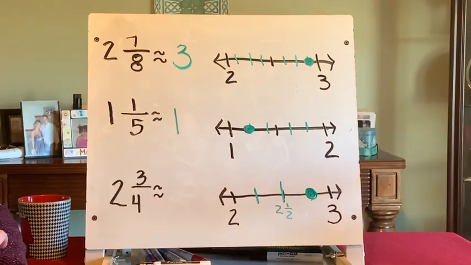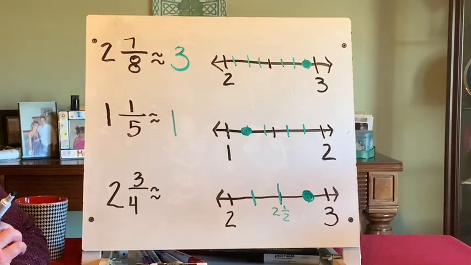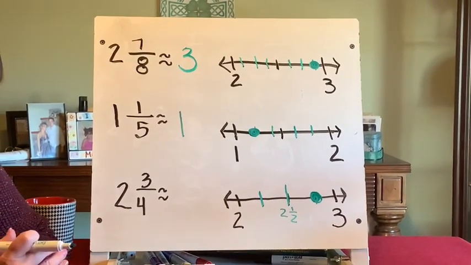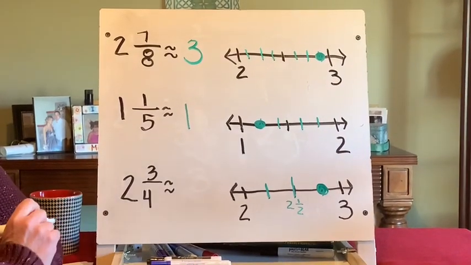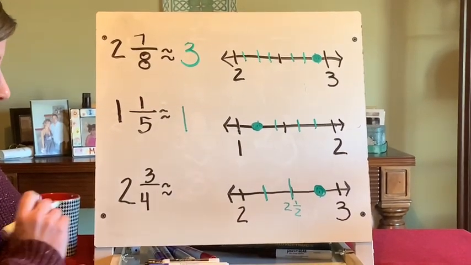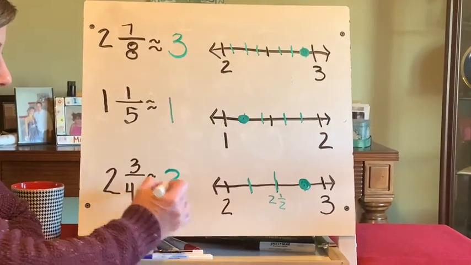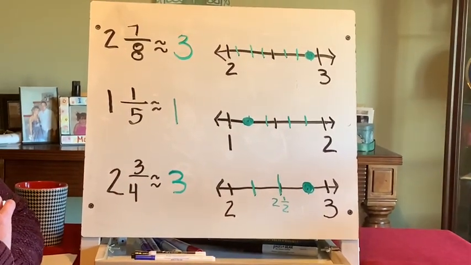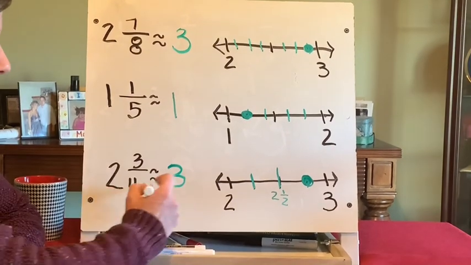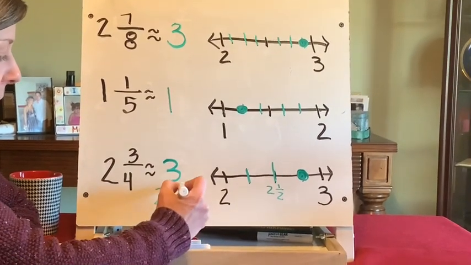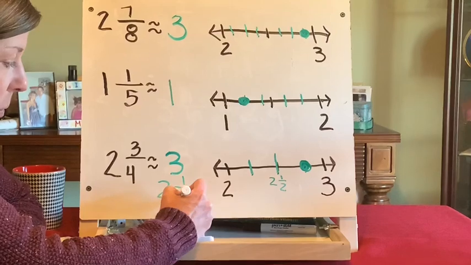Now, 2 3/4 is right in the middle of 2 1/2 and 3. So in estimating, we might not always have the same answer as somebody else, because I might say that 2 3/4 is closest to 3. My friend might say that 2 3/4 is closest to 2 1/2.